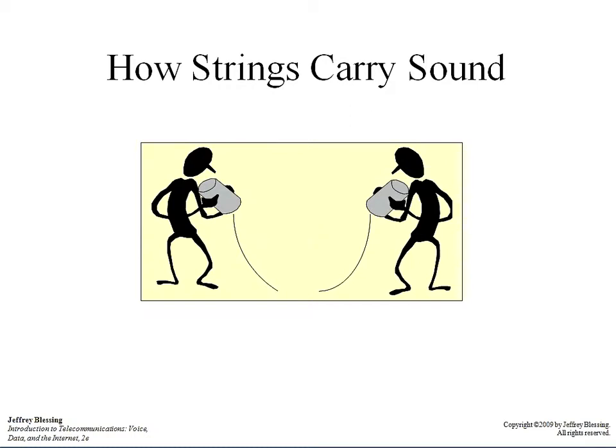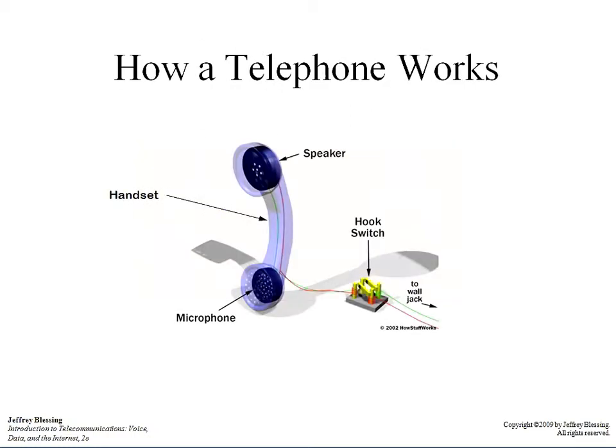So when we look at how a telephone works, it's a similar kind of idea but implemented very differently. Here's a handset that contains a mouthpiece with a microphone and an earpiece that has a speaker. When a telephone call is placed, a connection is made between the caller and the receiver.